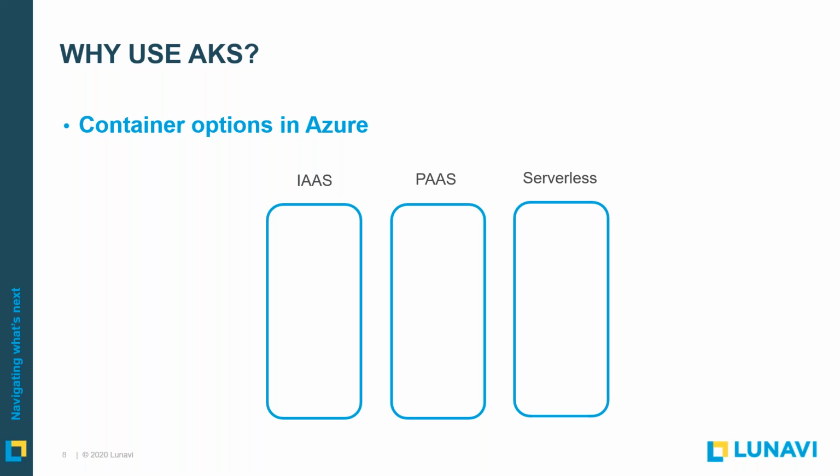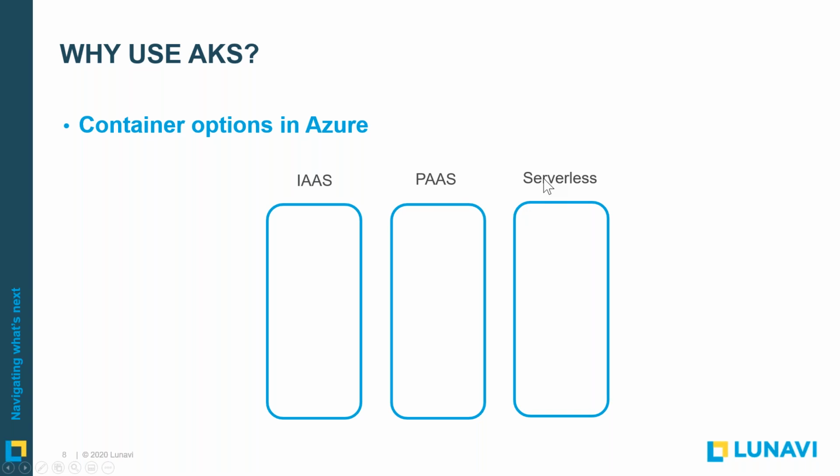And if you're not familiar with these, IaaS is infrastructure as a service. Those are typically virtual machines that you manage and run, do patching, virus protection, and any kind of backups and such there. You control that level. PaaS, or platform as a service, that's really where Microsoft takes care of those underlying OS concerns and just allows you as a developer, as the organization wanting to leverage that, to just worry about the application side of it, and also the compute of what you need to actually run that.